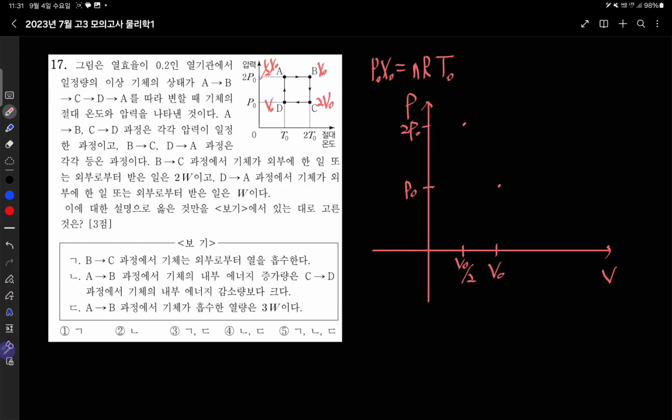So state A is this position. And the temperature doesn't change, so this curve indicates T0.